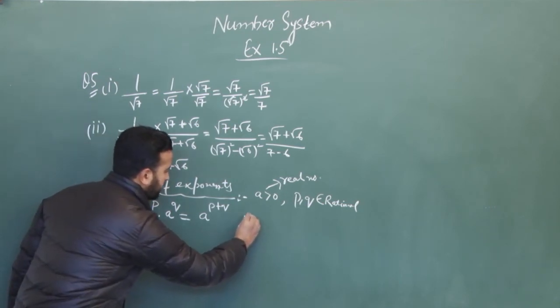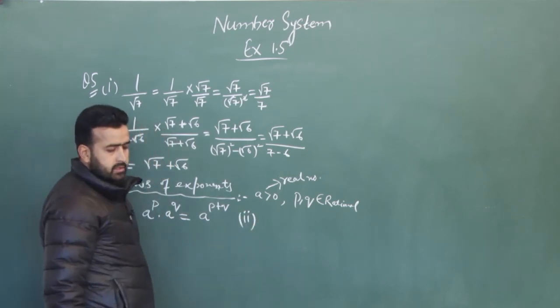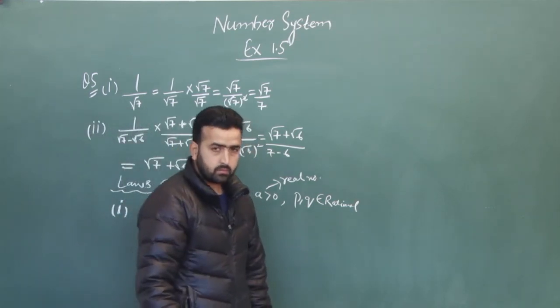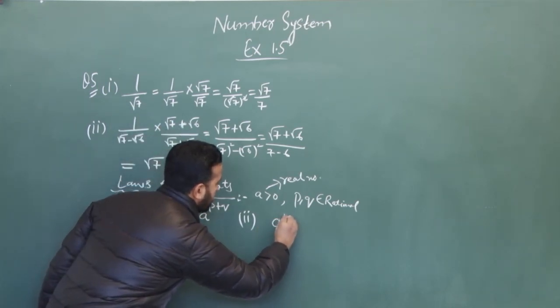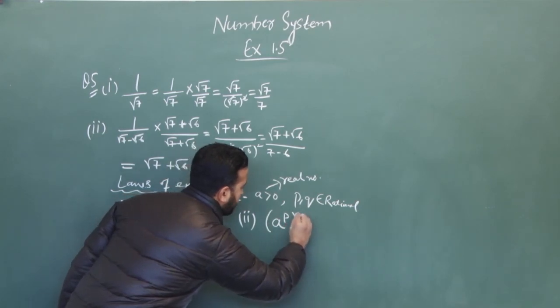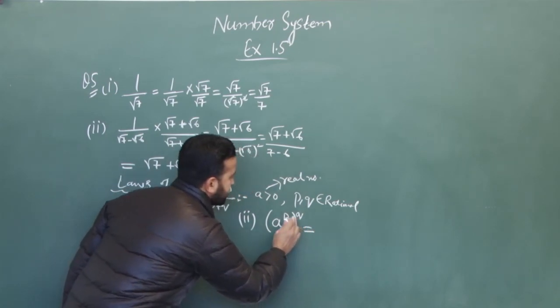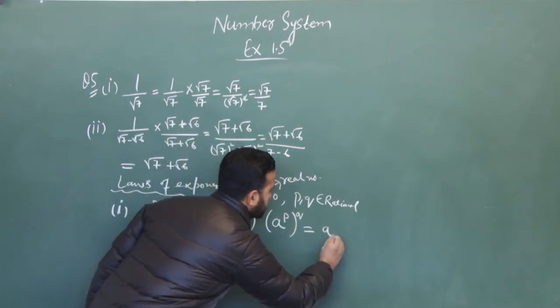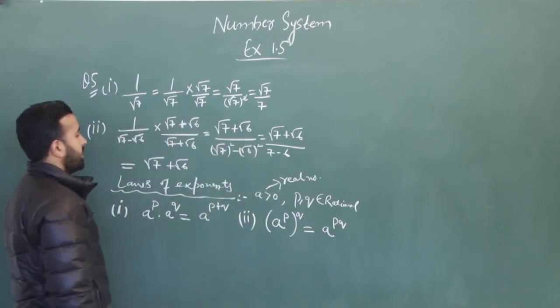Second one is, if we have a to the power p and then the whole power q, then these two powers, that is p and q, will be multiplied. So we will get a raised to the power pq. This is the second one.